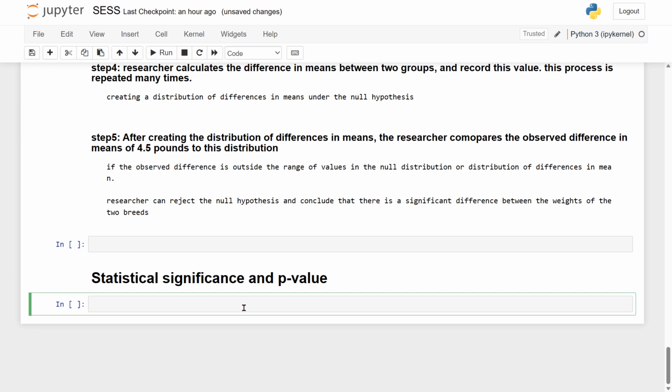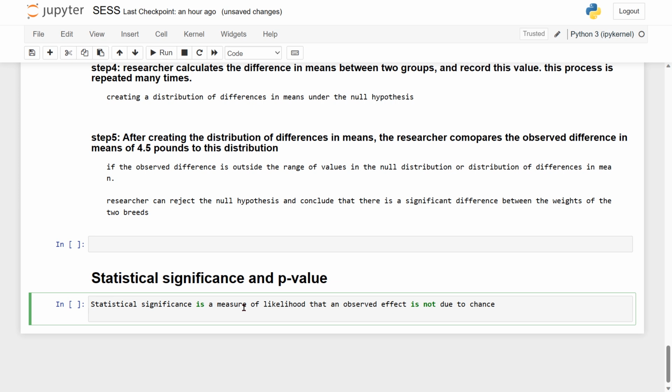The statistical significance is a measure of the likelihood that an observed effect is not due to chance.